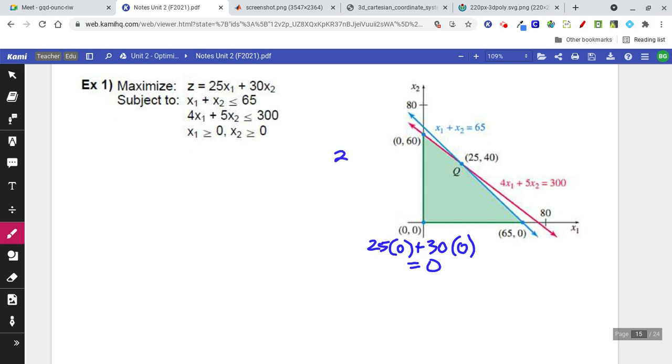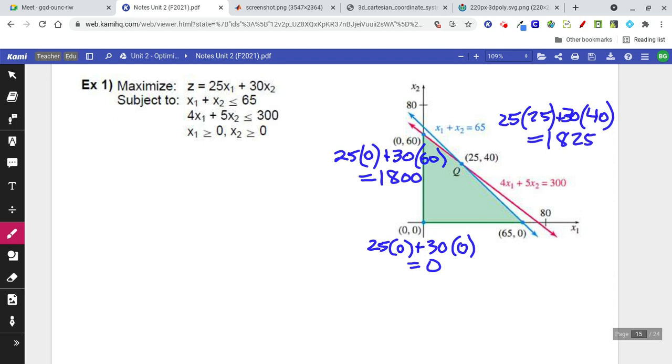And 25 times 0 plus 30 times 60 was 1800. And 25 times 25 plus 30 times 40 was 1825. And again, we've done this problem before.